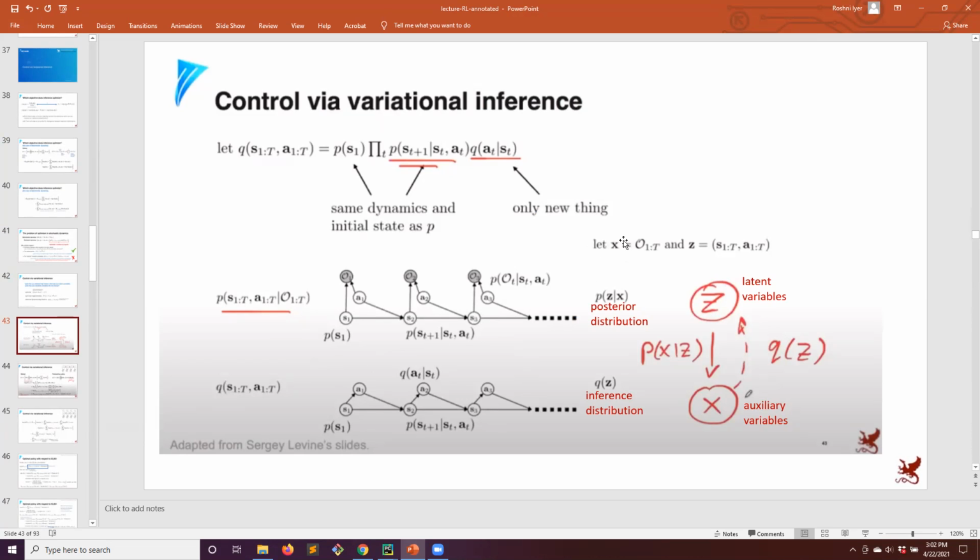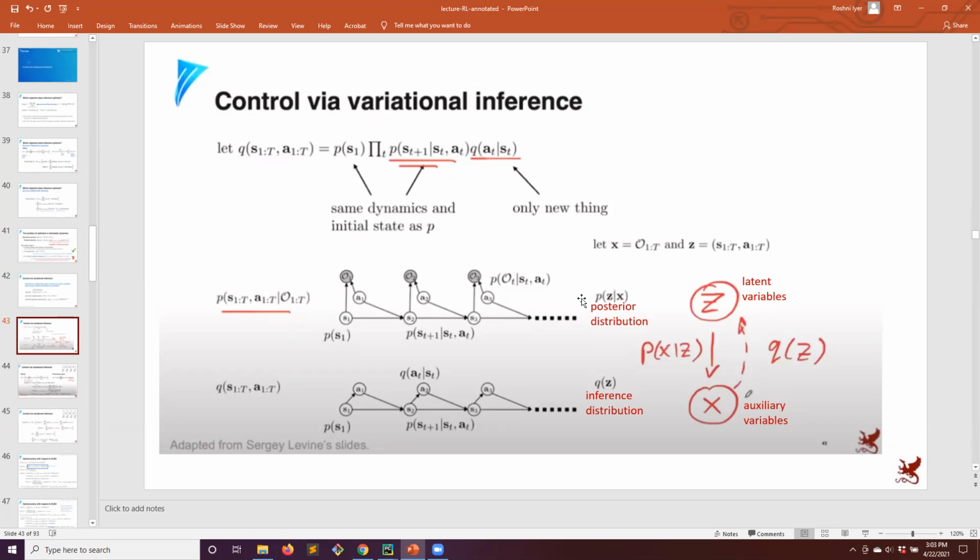Now let's try to define something interesting, because we're going to put this in the perspective of variational inference. So this is just giving some motivation for how you can think about that. First, let us define X. Think of it like a vector, a sequence of variables, and this is all of the optimality variables from all the time steps. And then Z is the set of these sequences of the states and the actions of all the time steps.